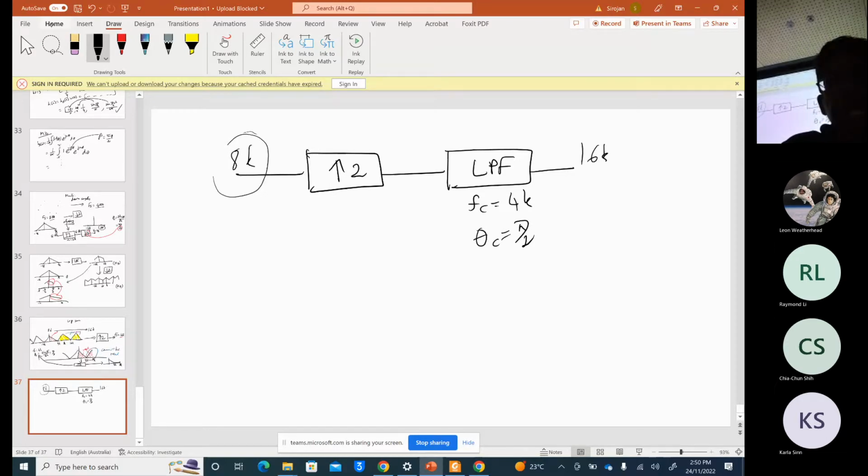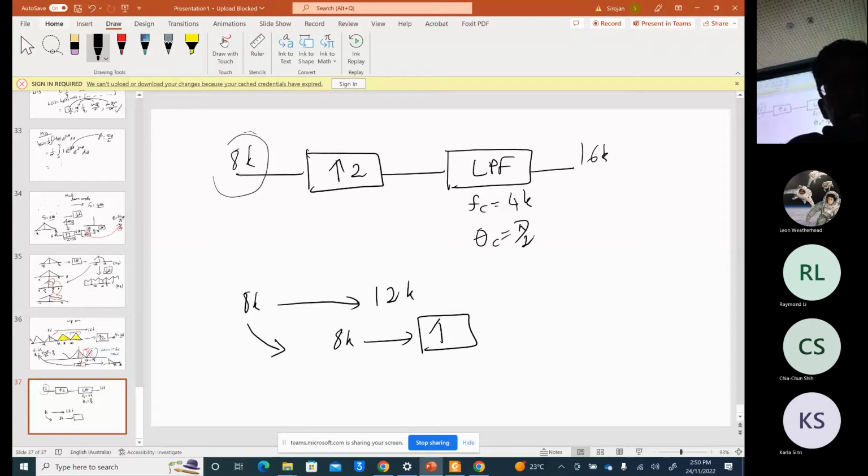And the third case is if we have a non-integer ratio, so 8K to 12K. How do we do it? How do we do 8K to 12K? First we have to do the upsampling. 8K we can upsample by 3 to 24K.